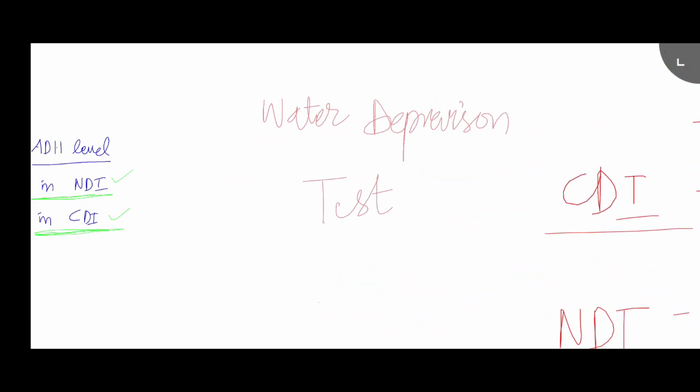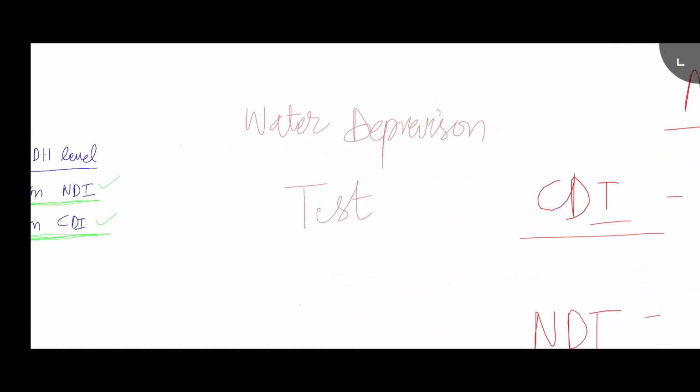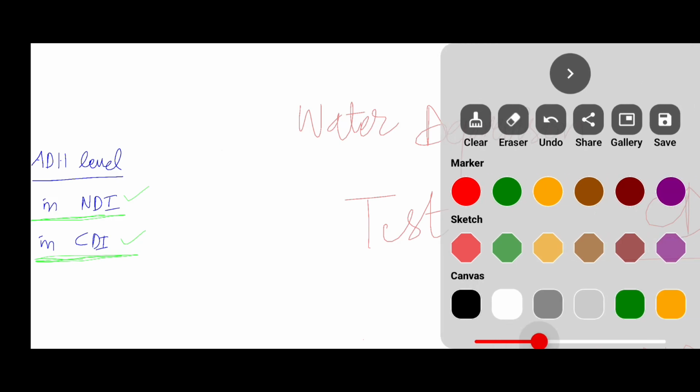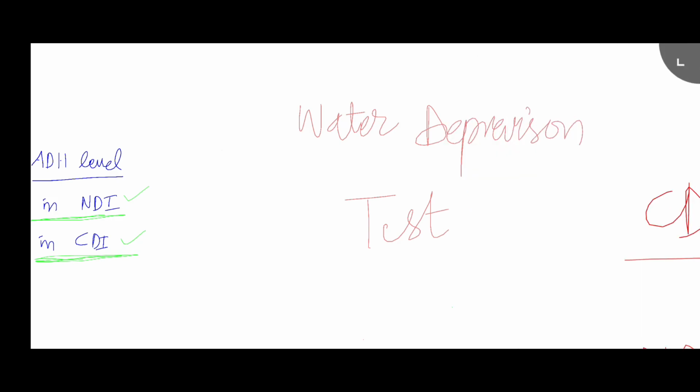Next, let's go towards one thing, that is the water deprivation test. What is that? Let's talk about the water deprivation test. This is actually to establish the diagnosis of diabetes insipidus as well as the cause.